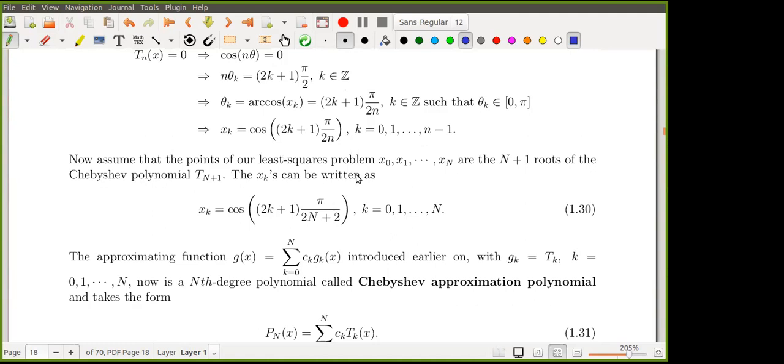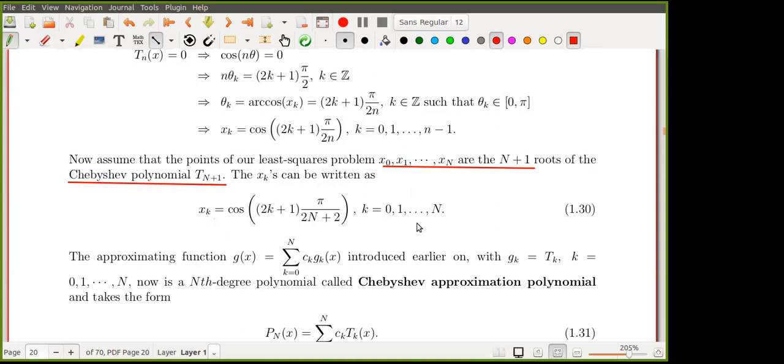I did not stress on that, but all the xk's here are roots of t sub n plus 1. We know that t sub n plus 1 has capital N plus 1 distinct roots. And they are given by this.